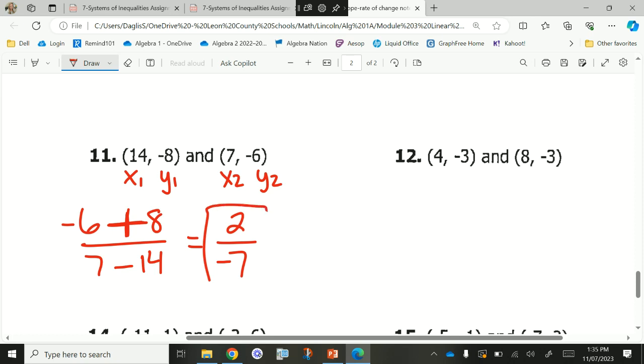Nope. That one's done. You got it? -7, because 7 minus 14 gives you -7. If you had $7 and I took 14, I would owe you 7. Doesn't make sense, but you get it.